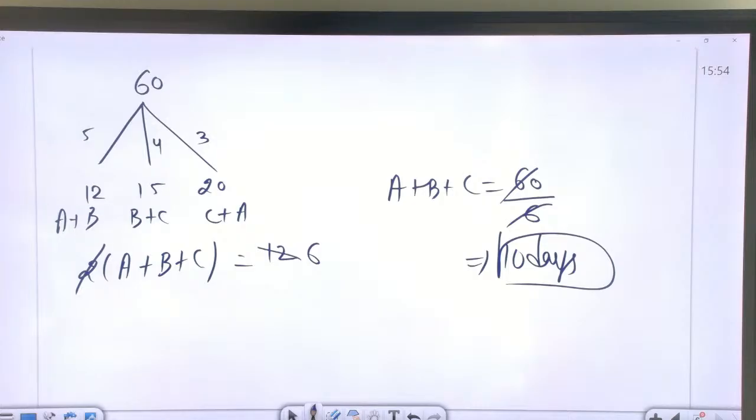And B finishes it in 6 hours. How long will it take for C alone to finish the same work?